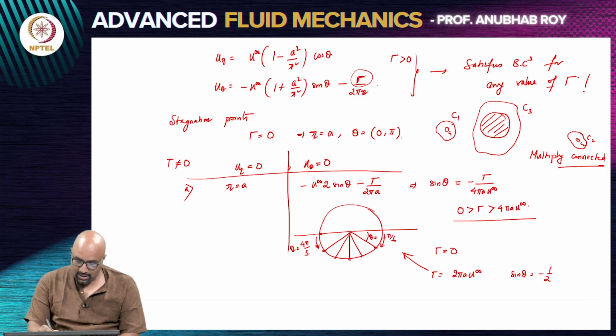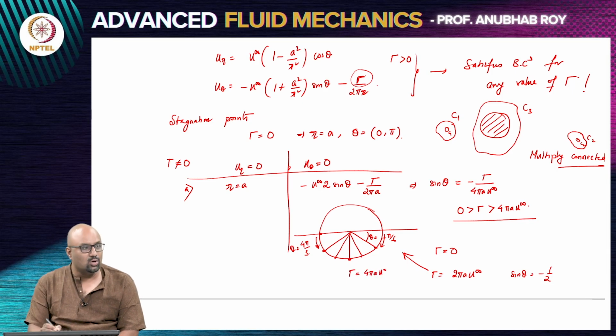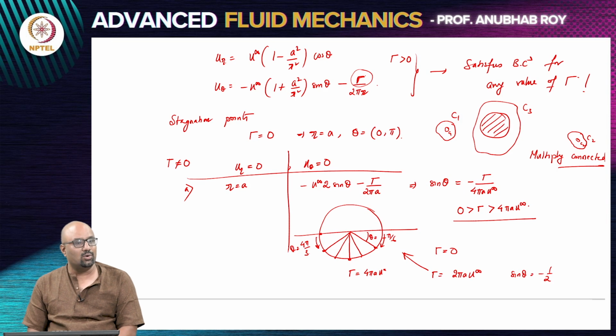Eventually, when gamma is equal to 4 pi a u infinity, the 2 stagnation points are going to fuse and there will be one single stagnation point.